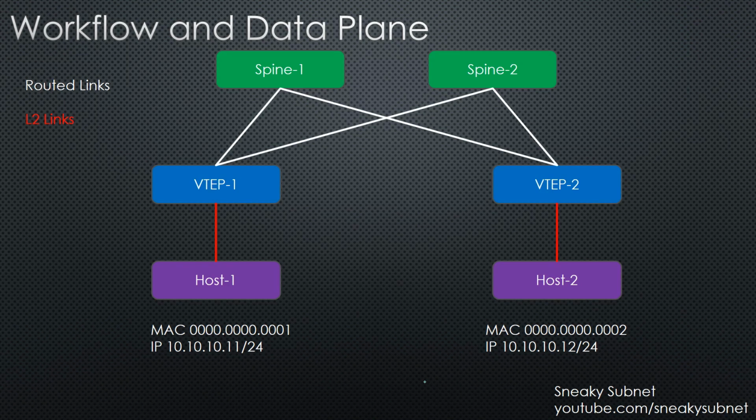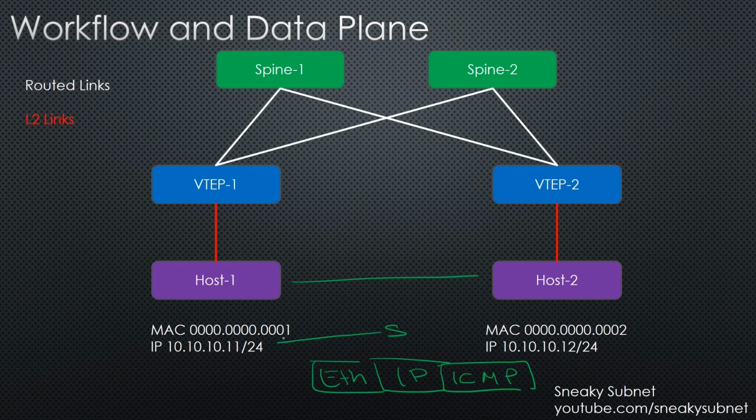So it will create, let's assume that it is an ICMP ping, which will be encapsulated inside. So basically this guy here pings this guy here. ICMP is encapsulated inside IP, and IP is encapsulated inside Ethernet. Inside IP we have the source of that host and the destination of this host.